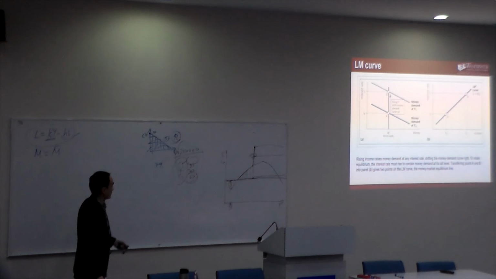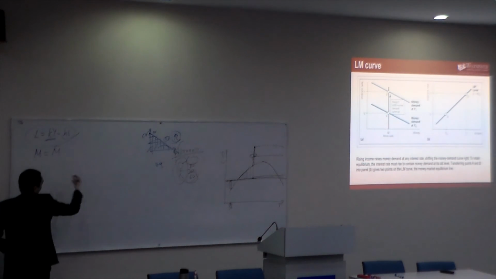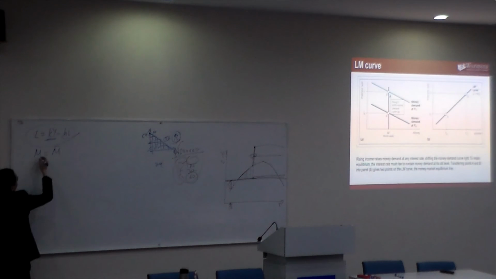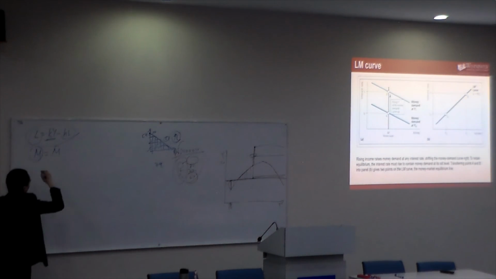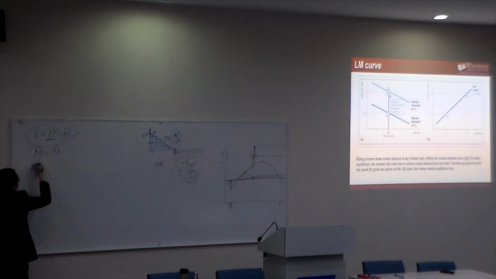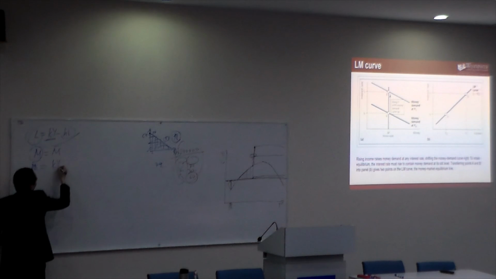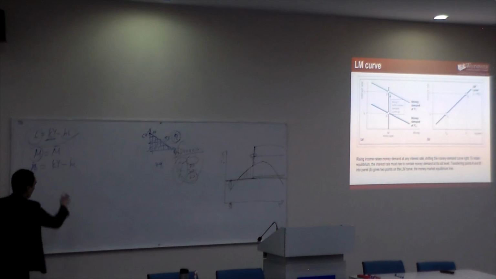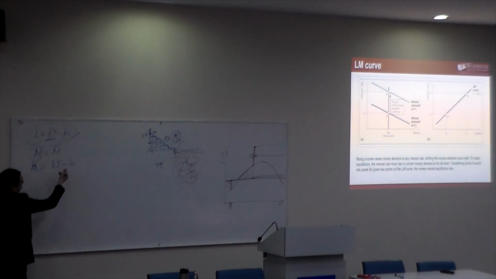So that equilibrium point: in order to find it, we have to make money supply equal to money demand. So where supply of money is equal to demand for money. In other words, we can easily find our LM curve, where it represents the equilibrium point.